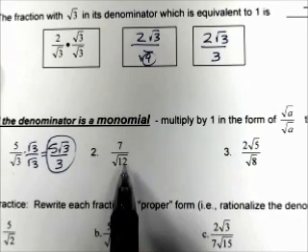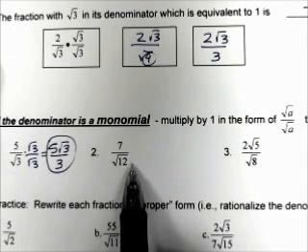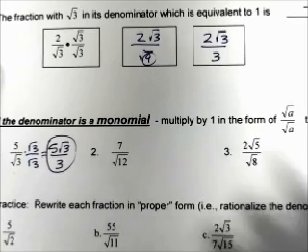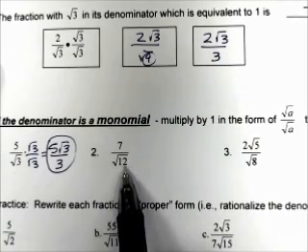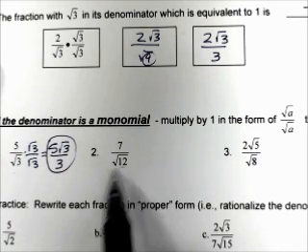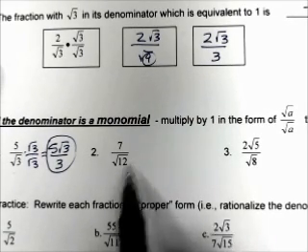Now 7 over the square root of 12, we could multiply by 1 in the form of square root of 12 over the square root of 12, but we're going to be working with some larger numbers. So let's take something smaller, okay? What's the smallest perfect square that 12 will divide into? That'd be 36, right?